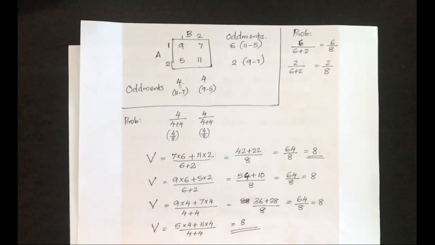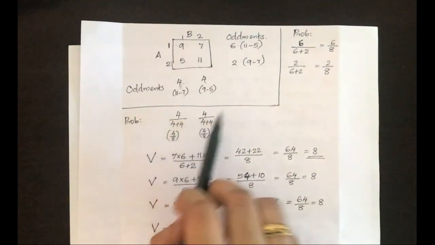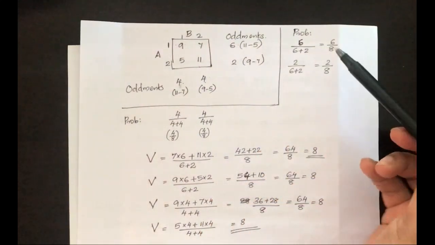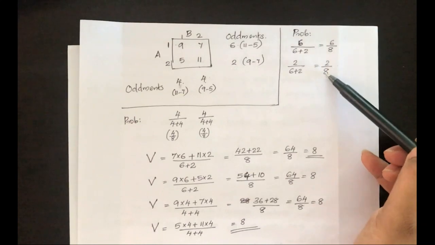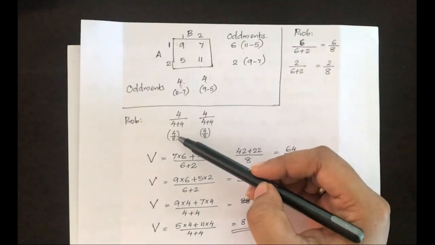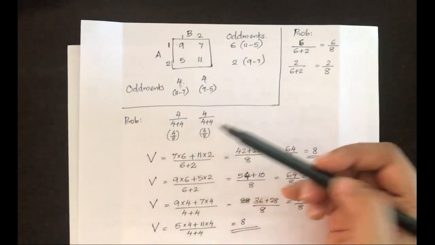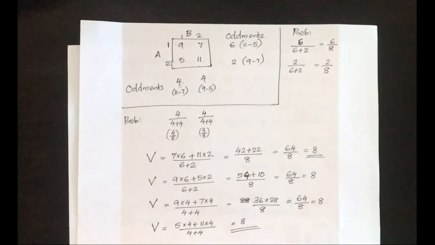And the strategies, these are the probabilities. The strategies of A are 6 by 8 and 2 by 8. Strategies of B are 4 by 8 and 4 by 8.